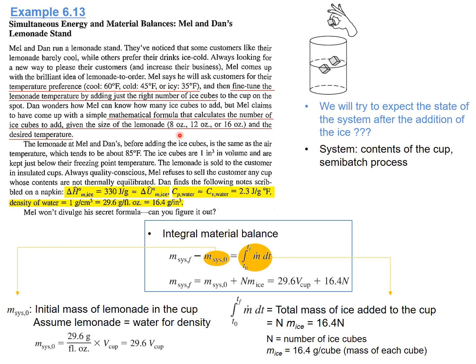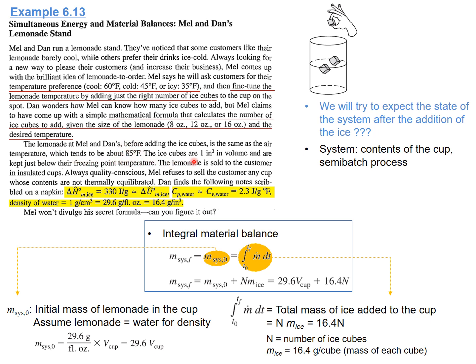The statement means Mel and Dan provide 3 different sizes of cups: 8 ounces, 12 ounces, or 16 ounces, and the desired temperature: 60, 45, 35 Fahrenheit. The lemonade at Mel and Dan's before adding the ice cubes is the same as the air temperature, room temperature, which tends to be about 85 Fahrenheit.